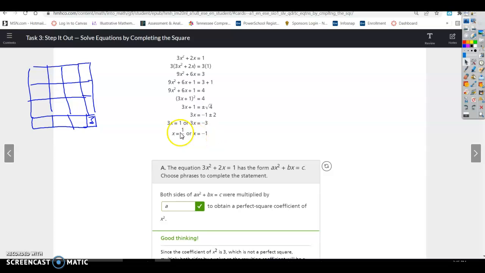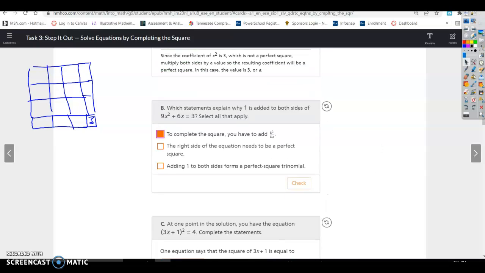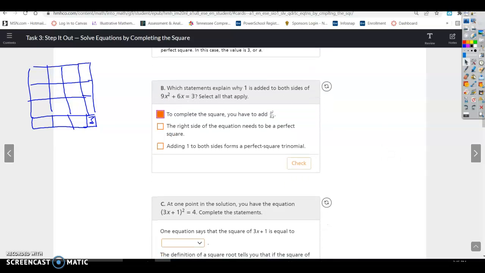Oh, wait a minute. Wrong equation here. This is the equation where we're completing the square. So I'd have to do b squared. 6 squared would be 36. 36 over 4 times 9 is 36. 36 over 36 is 1. And 1 is the number that we added to both sides.